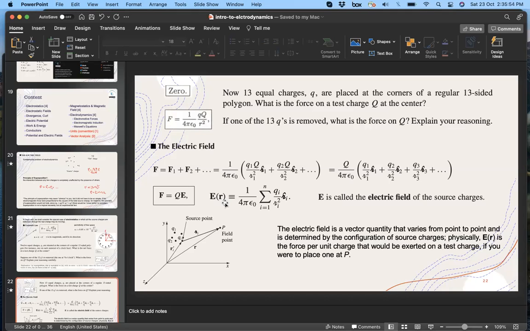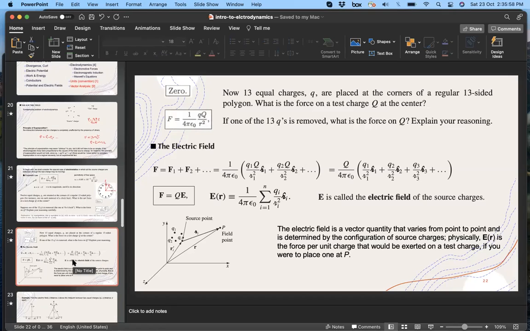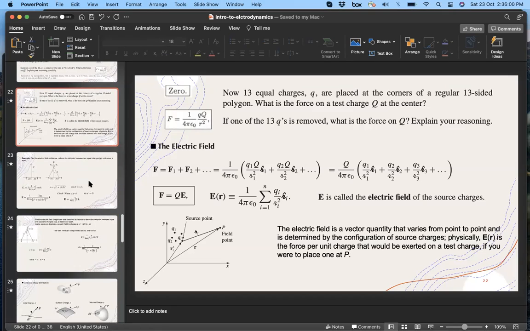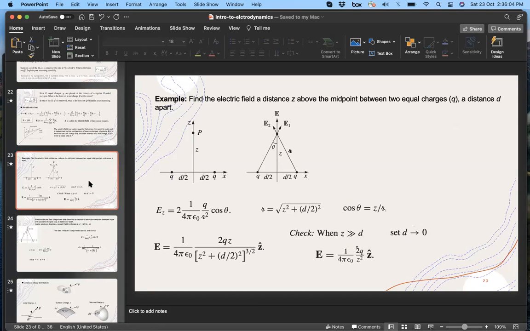We're going to see and realize this very beautifully in the example I'm going to discuss today. Okay, and by using this, we tried to calculate the electric field at some distance point z.